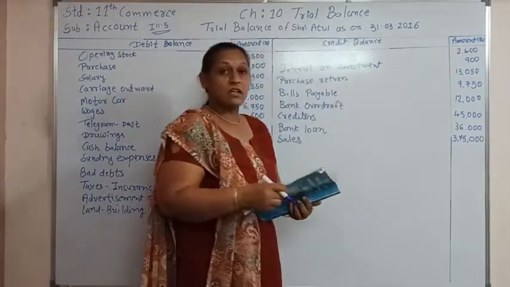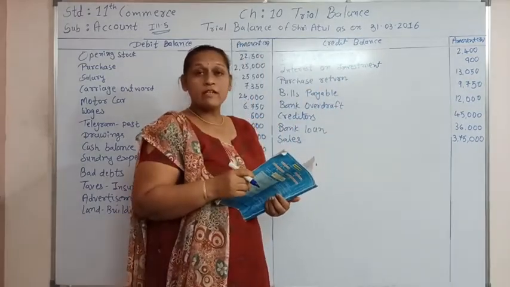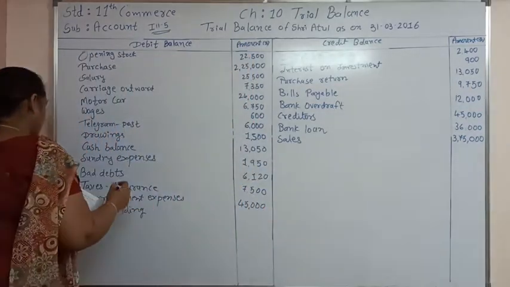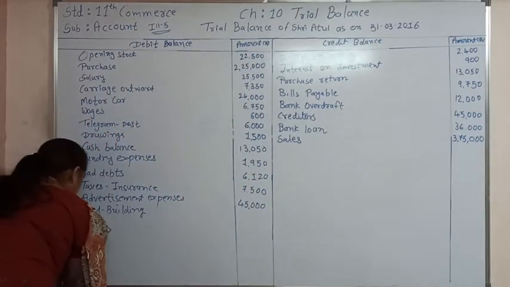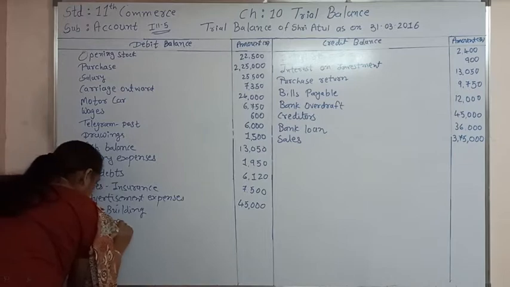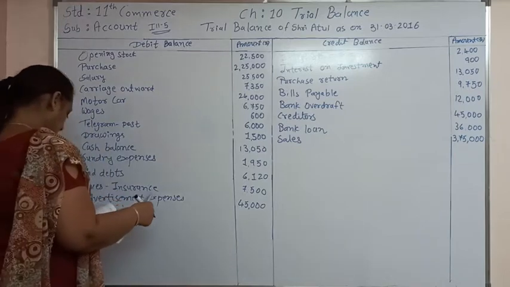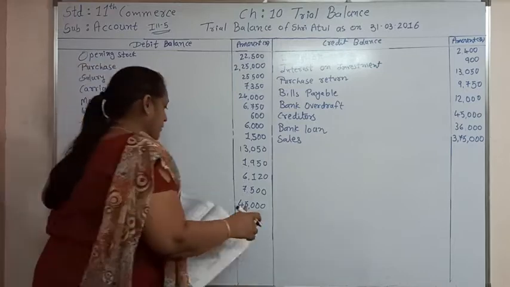After sales, another account is investment. Investments are supposed to be on the debit side. So let's write investment on the debit side. Investment has a balance of rupees 15,000.